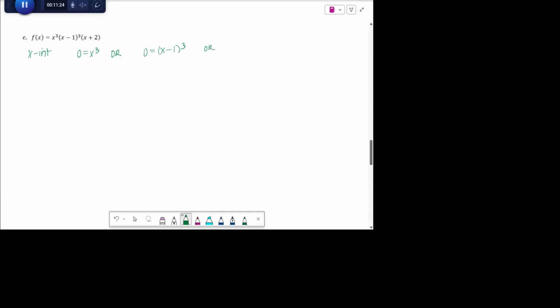And then from our third, we'll have that x plus 2 is equal to 0. So we're going to get that x is equal to 0, or x is equal to 1, or x is equal to -2. And the multiplicities of each of these: this 0 is 3, this one is 3, and this one is 1. They're all odd, so the graph is going to go through the x-axis at all of these points.